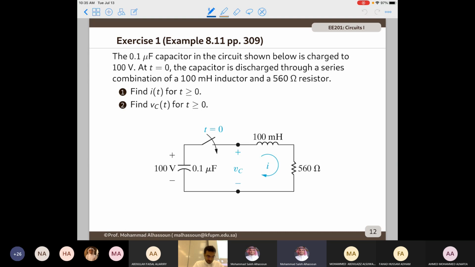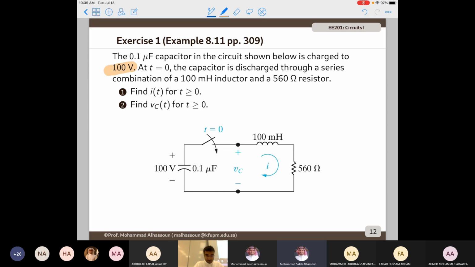What we have here is a 0.1 microfarad capacitor, initially charged to 100 volts. Then at t equals 0, the capacitor is discharged through a series combination of inductor and resistor. We want to find i of t for t greater than 0.